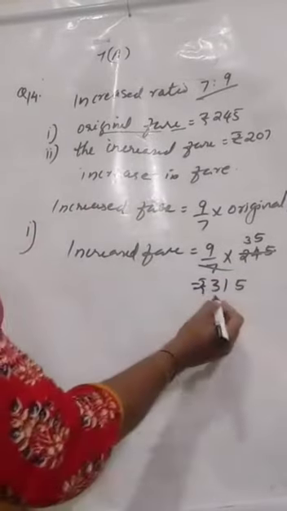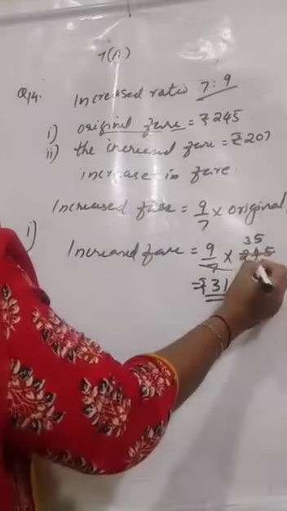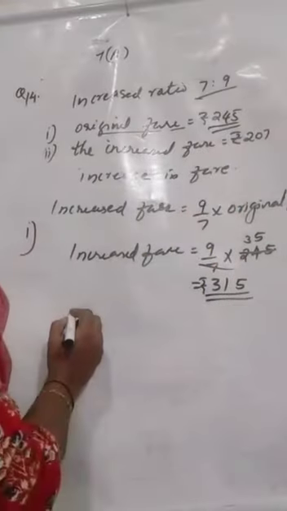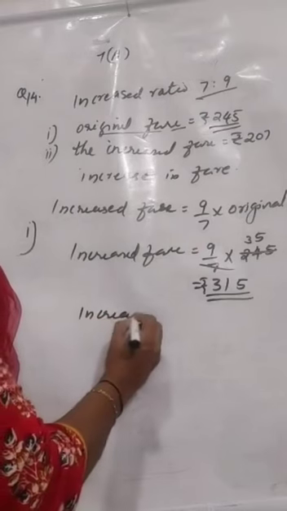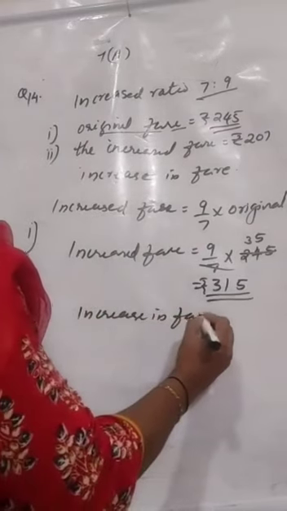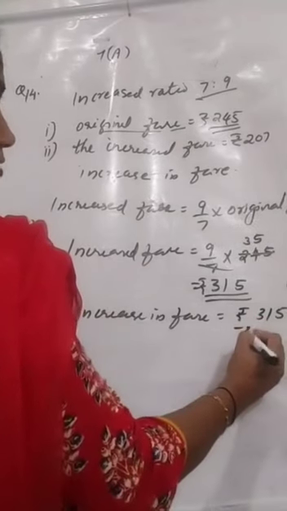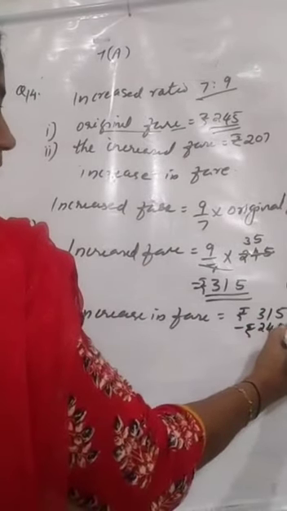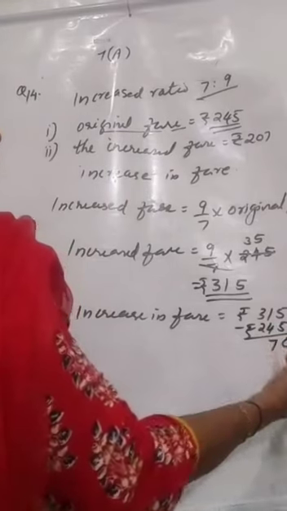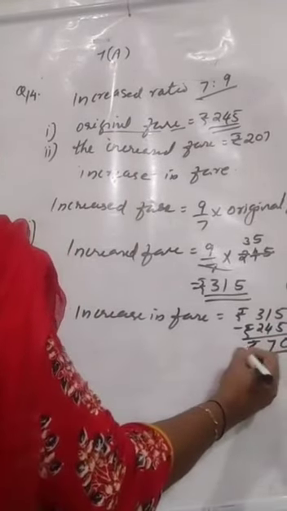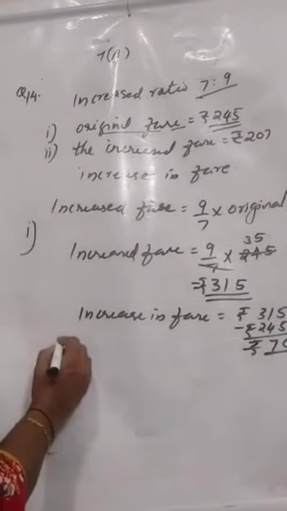Now increased fare is 315, original fare is 245. So can you say what the increase in fare is? Increase in fare is the difference between them. That is rupees 315 minus rupees 245, 70 rupees.